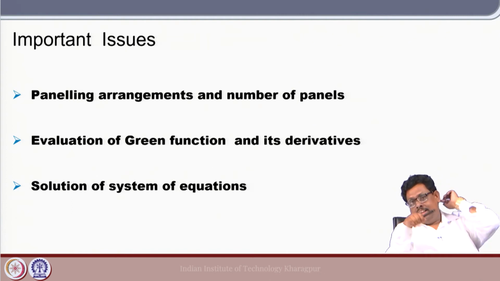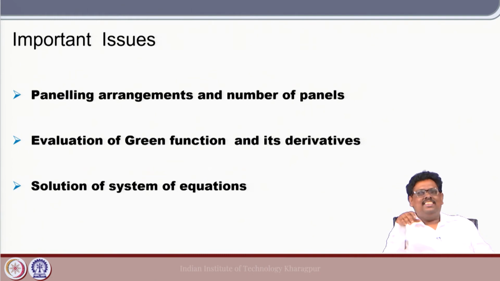Here is also a very interesting thing compared to the so-called RANS based solution. There you have something called the convergence criteria. You have to make sure that your mesh is fine enough to get a convergent result.